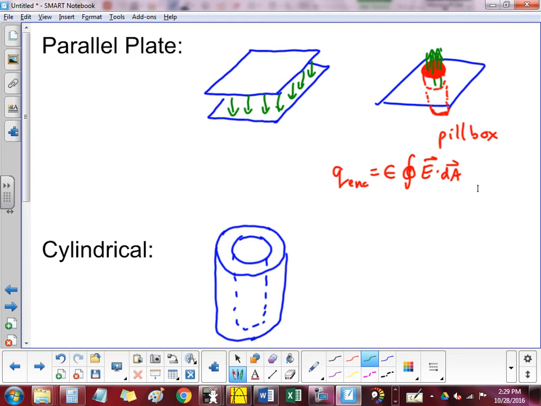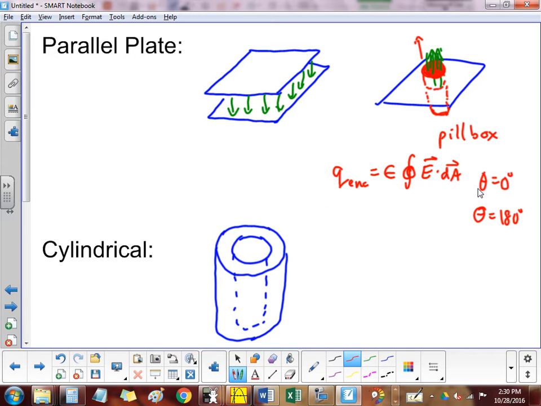So for the dot product, the area vector is pointing straight up. The E field is pointing either straight up or straight down, so it's a little bit hard to say, but theta is either 0 or 180, depending on which plate is positively charged. But either way, you get a 1 or a negative 1 from your dot product.